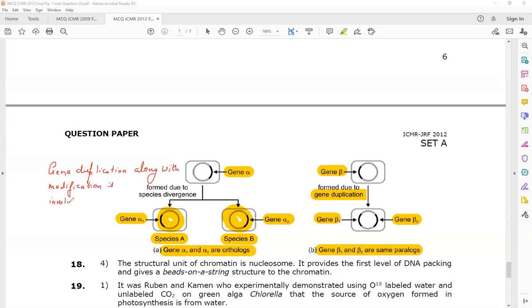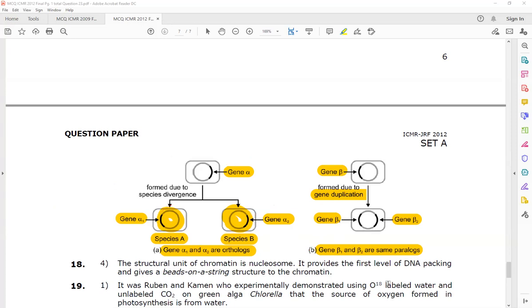That means both of these things are involved. When both are involved, the gene has evolved into two different types of genes, gene alpha 1 and gene alpha 2. Because in the question it was just given by gene duplication, just gene duplication always gives paralogous genes. Any other doubt? Shall we move forward? त्रिशला आगे बढ़े.